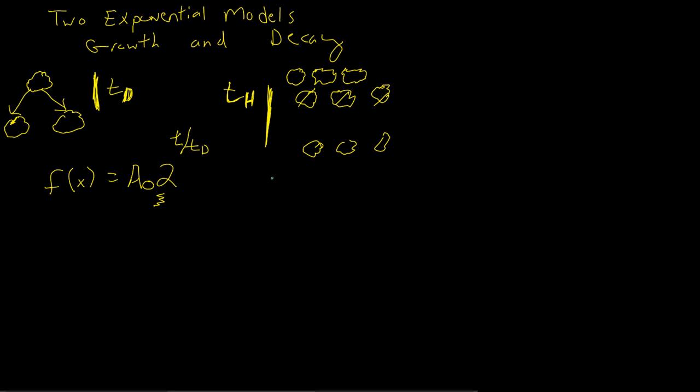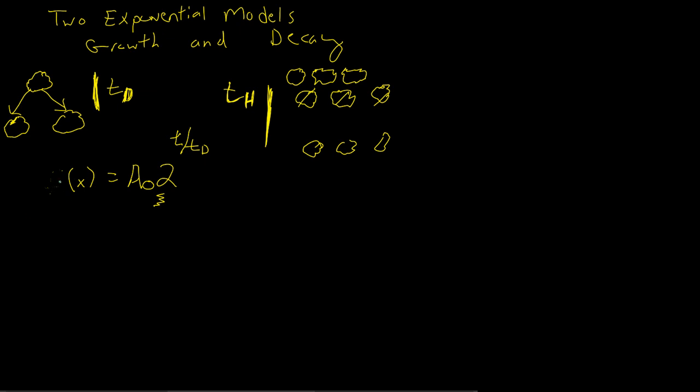This model over here, when we first look at it, and actually you know what, since this is growth, I will make this G, function G for growth, right? We'll name our function to help us here.